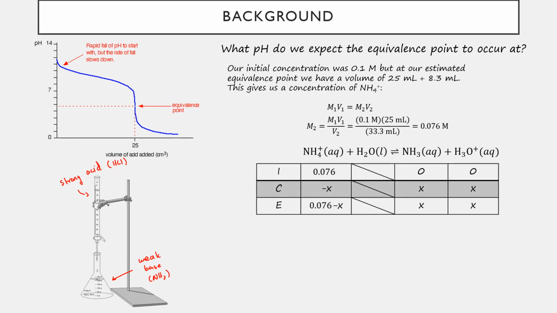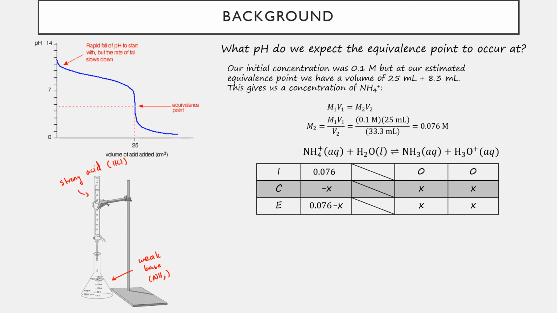If we want to figure out what the pH is, then we need to set up an ICE diagram. I plug in my initial values, which is just the 0.076 molar of NH4 plus, the new concentration we just calculated. I plug in the 0 values for the NH3 and the H3O plus initially.